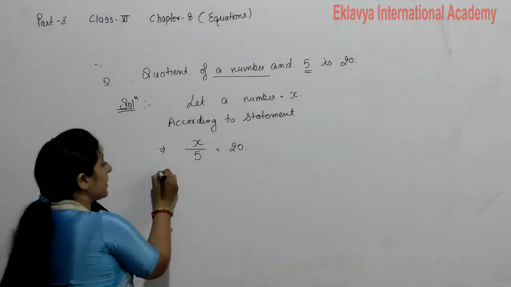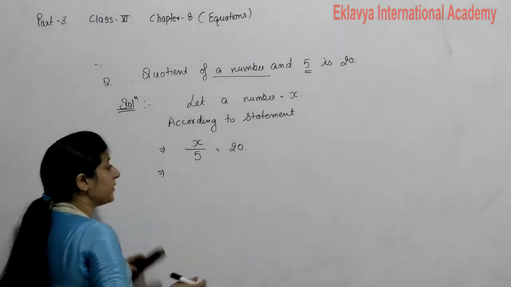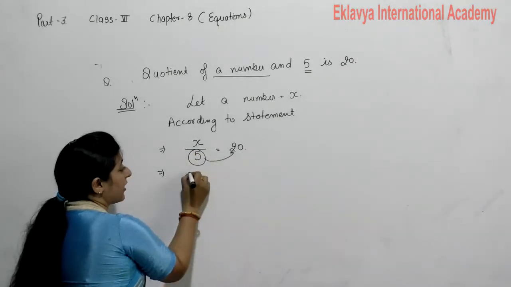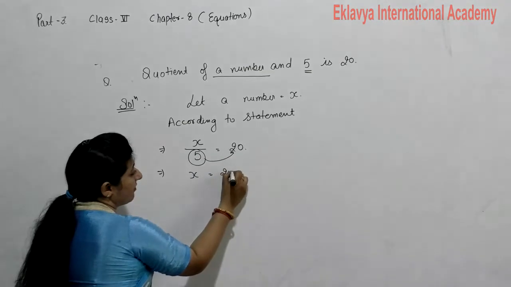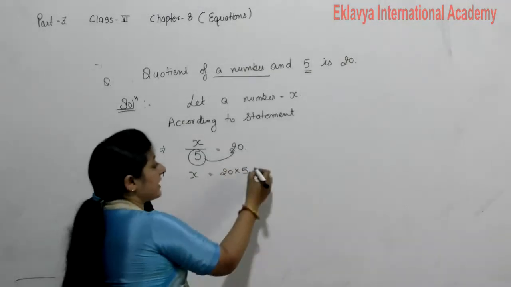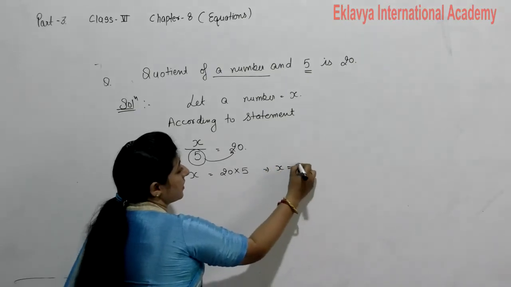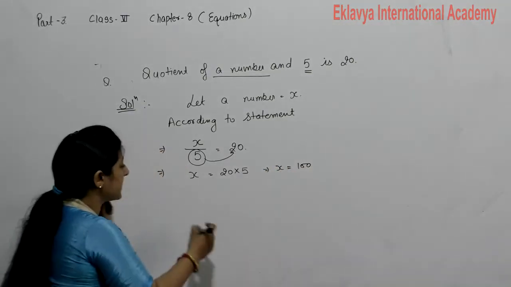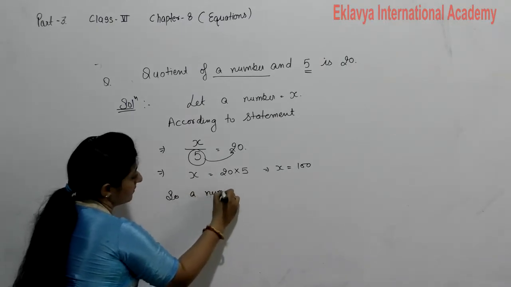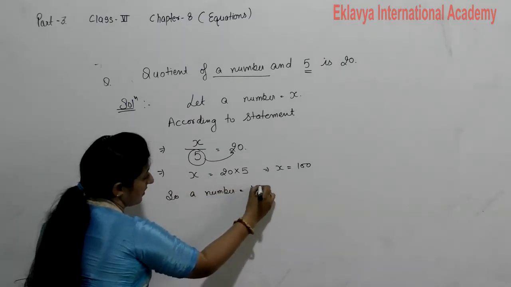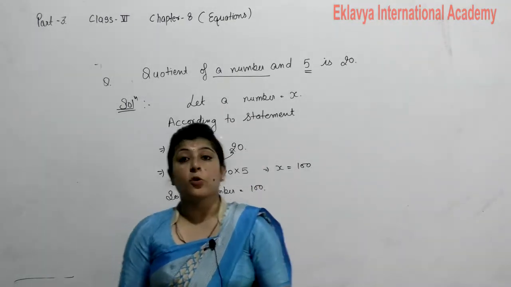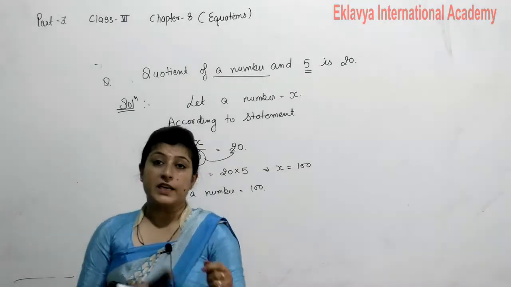Now we can use the simple transposing method. This is in division, so when you move it, it comes into multiplication. Then x is equal to 100. So we can say a number is equal to 100. This time we solved the word problem.